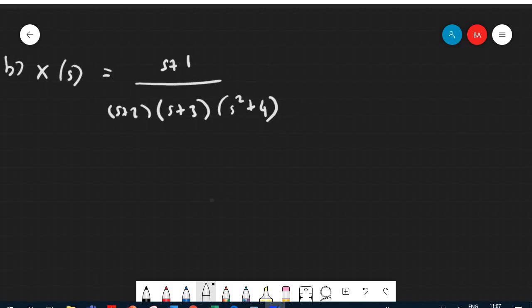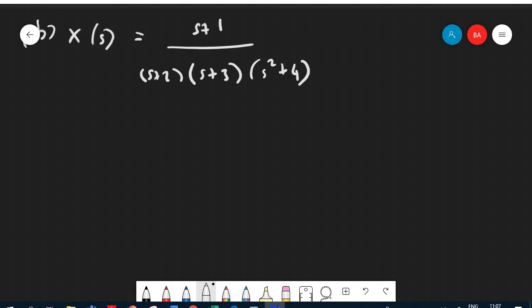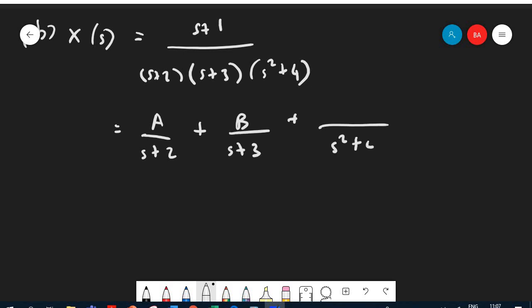So now if I want to work on this, it will be A over s plus 2 plus B over s plus 3 plus, since I have s squared plus 4 here, I'm going to have at the top Cs plus D. So it's one order less.